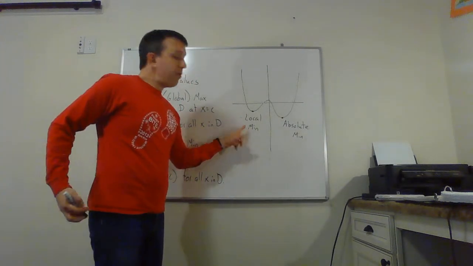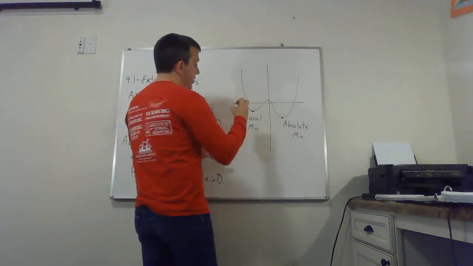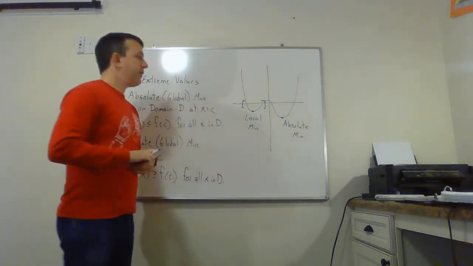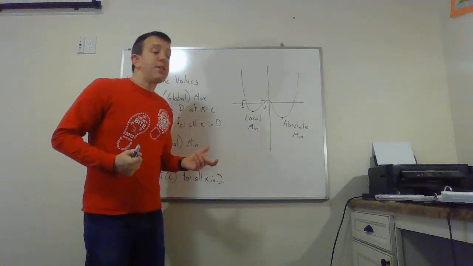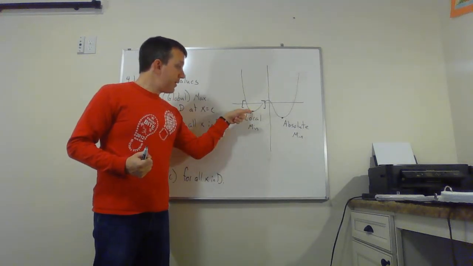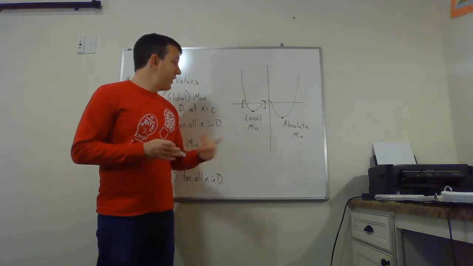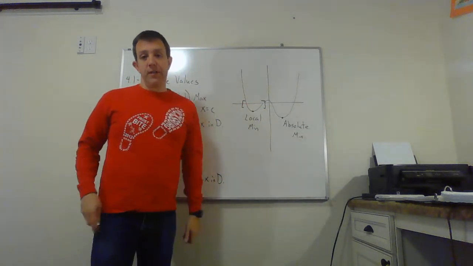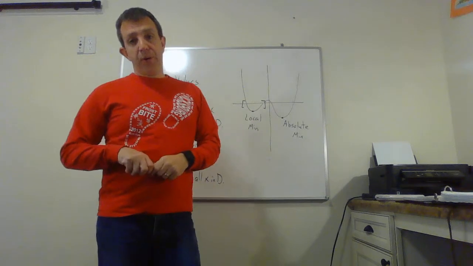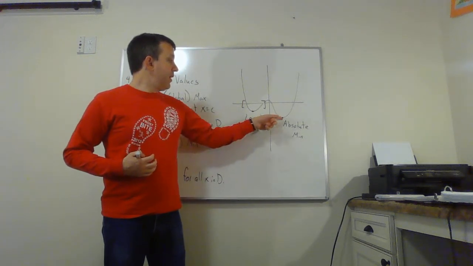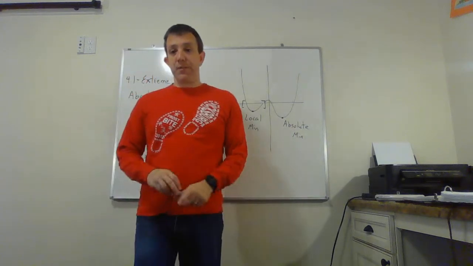Importantly, for the local minimum, if we just restricted the domain, and we'll see this in a second, to just a piece of the number line, all of a sudden, in this piece of the number line, that local minimum turns into an absolute minimum because it is the smallest value here. So I'll get some more stuff on the board and we'll talk about it, but this is the basic idea. We're going to be hunting and searching for these biggest and smallest values.